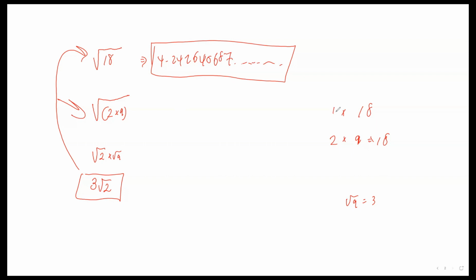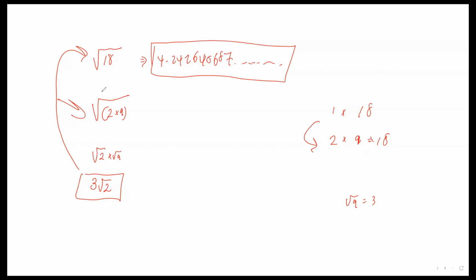I know that 1 and 18 is not rootable. 1 is rootable, it's just 1, but that won't give you the answer. Then I have the factors 2 and 9, the next factor in line. If you go farther, 3 and 4 and so on, you'll just get lower and lower. But 9 is the highest rootable factor.